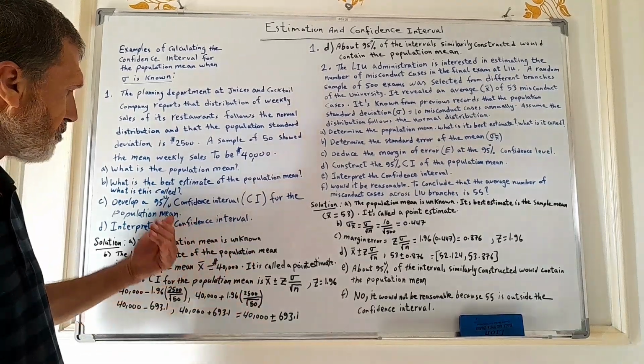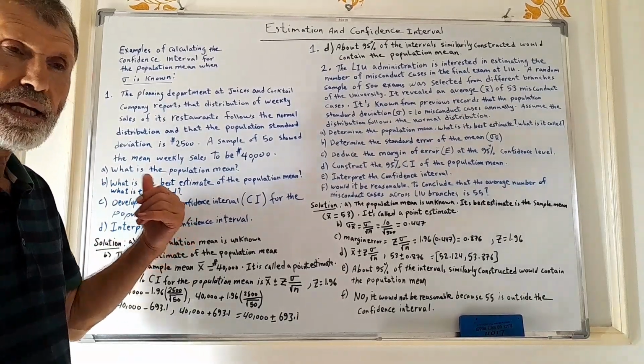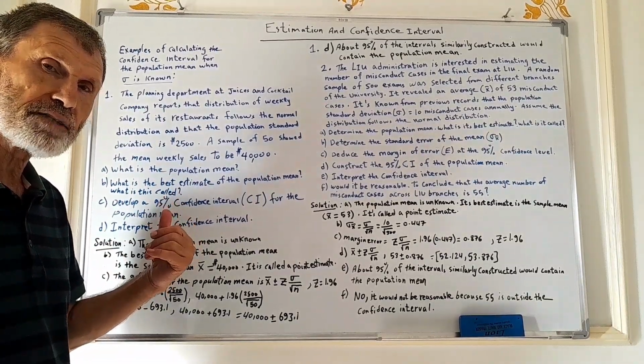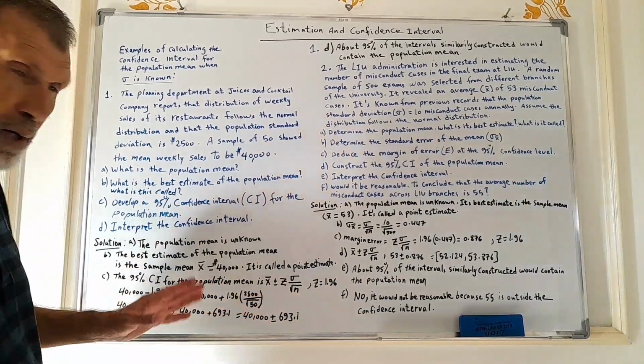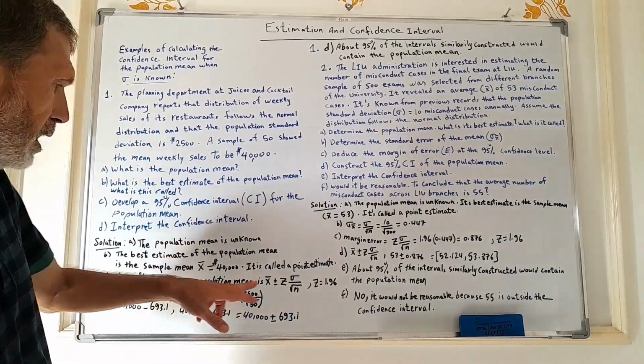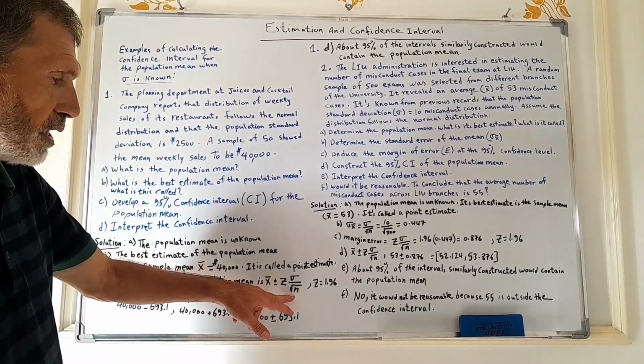Here we have a 95% confidence interval, and we have already calculated z equal to 1.96. So we plug the values into this formula, x bar plus or minus z times sigma over radical n.